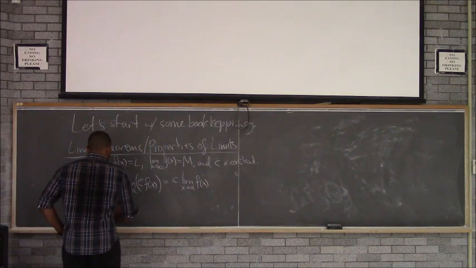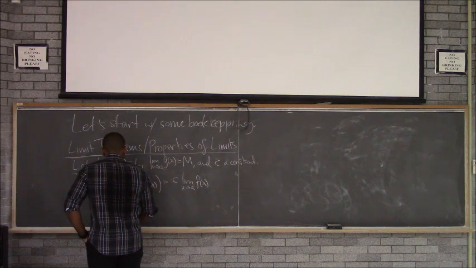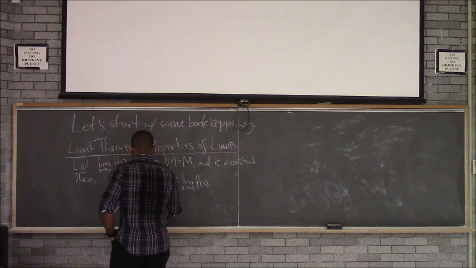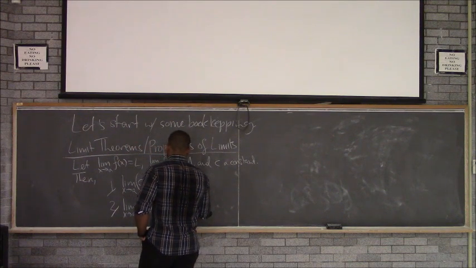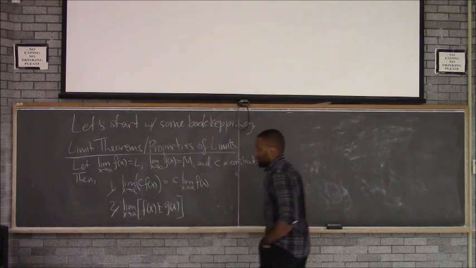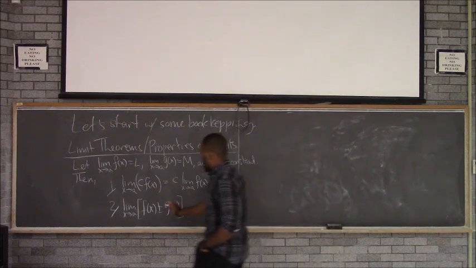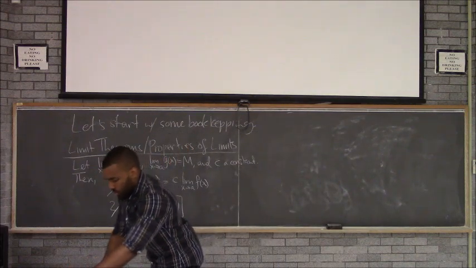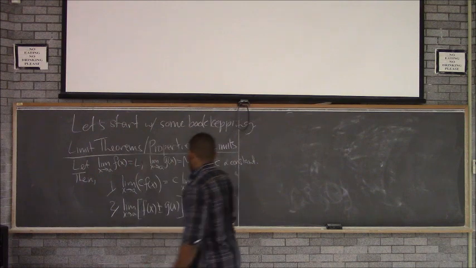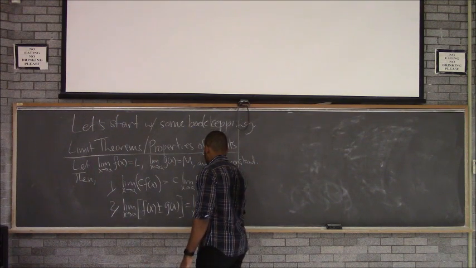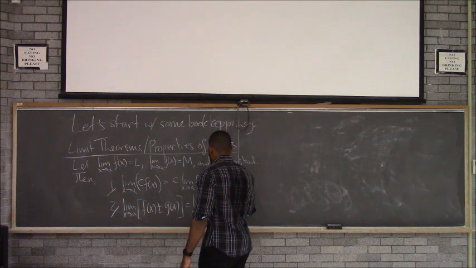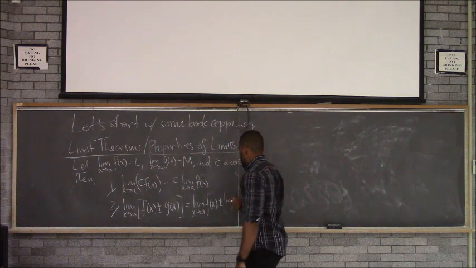I want you to also be aware that limits distribute across sums. So if I have two functions being added or subtracted together, and I want to find the limit of such an expression, then I can actually distribute the limits across the sum. So the limit of a sum is the sum of the limits.